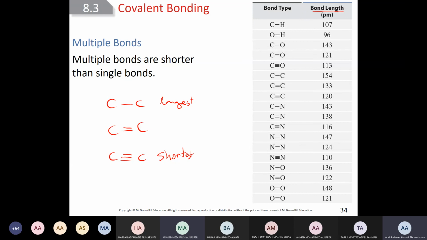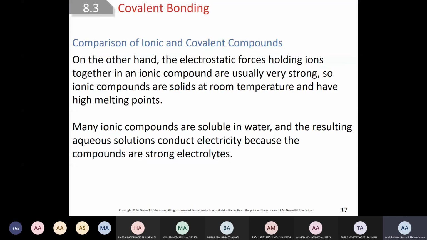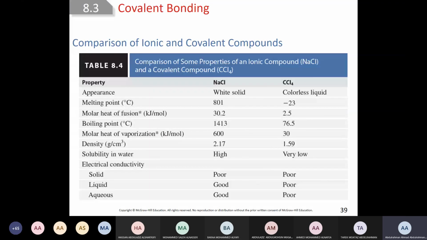That's the distance in picometers. What's a picometer? 10 to the power of minus 12. Look at C-C: 154. C=C double bond: 133. C≡C triple bond: 120. Is this clear? Yes. I hope this is clear.